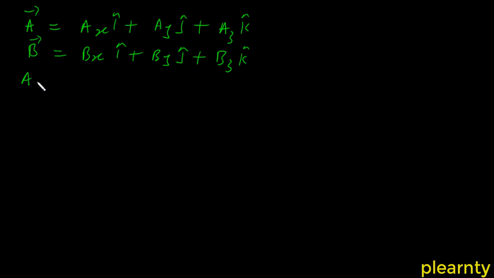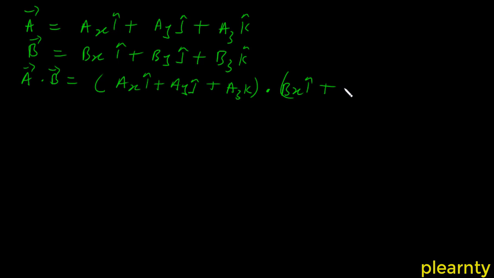Now, A dot B will be equal to, open bracket, AX i plus AY j plus AZ k dot BX i plus BY j plus BZ k.